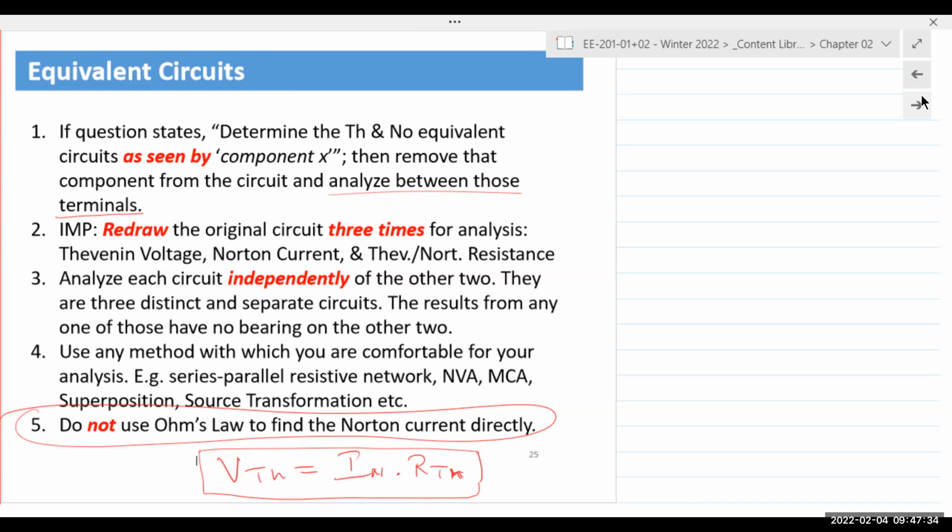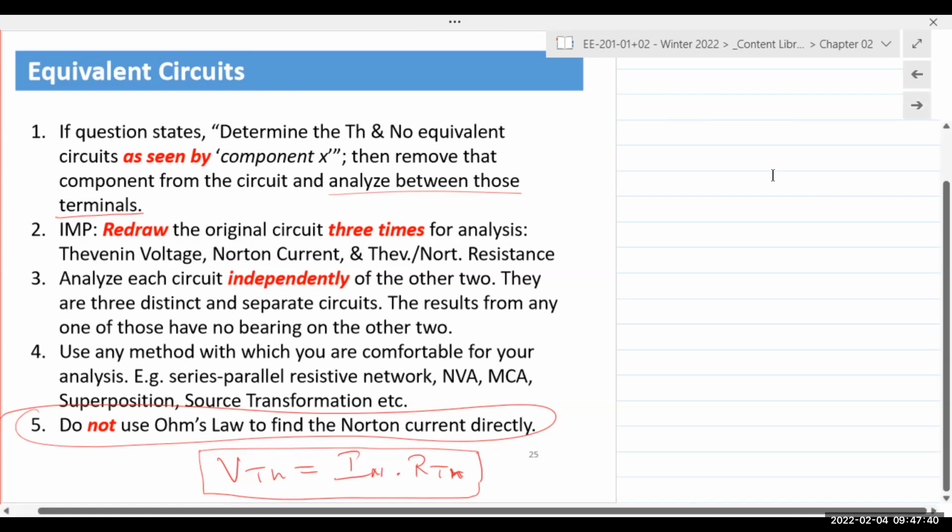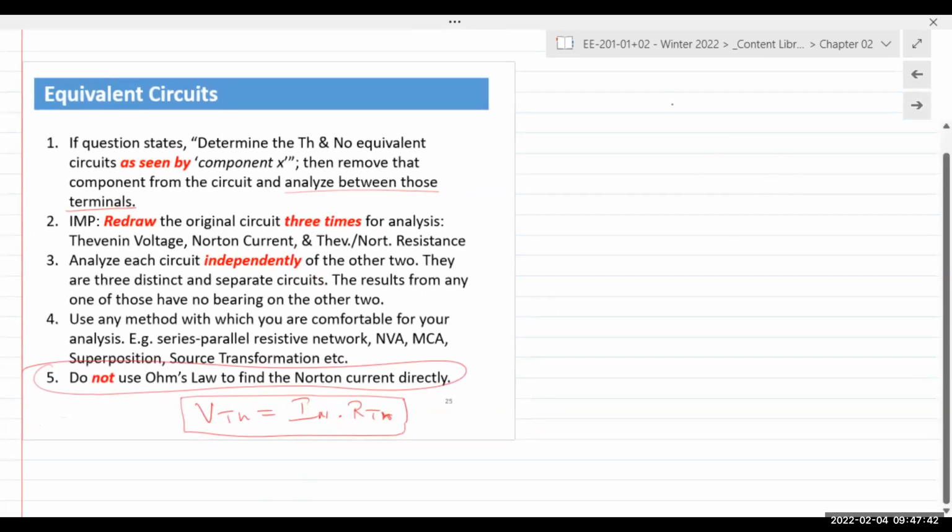It's 3 different circuits, one for each quantity. So you would take the original circuit and redraw it 3 separate times: Thevenin resistance, Thevenin voltage, and Norton current.